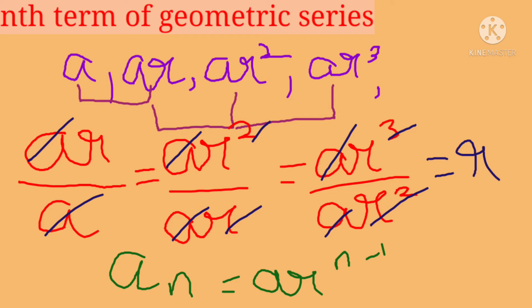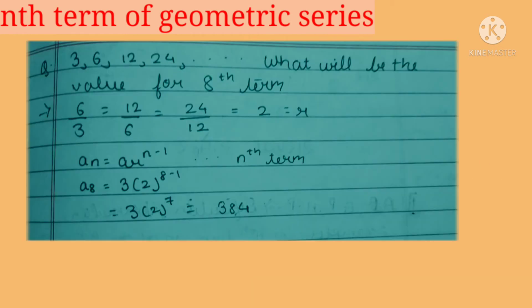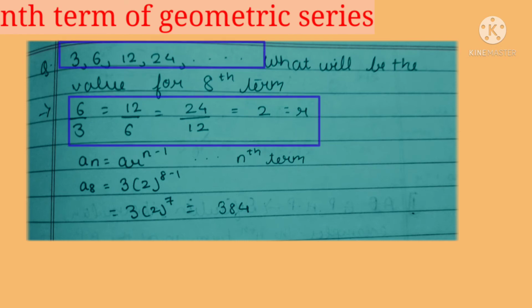We'll take one suitable example so that the concept becomes even clearer. We take a list of numbers. First we check whether it is a GP or not, and we need to find the 8th term of it. Here we use the formula. For 3, 6, 12, 24, we divide 6 by 3, 12 by 6, 24 by 12, and get the answer 2. That is the r value, the common ratio.